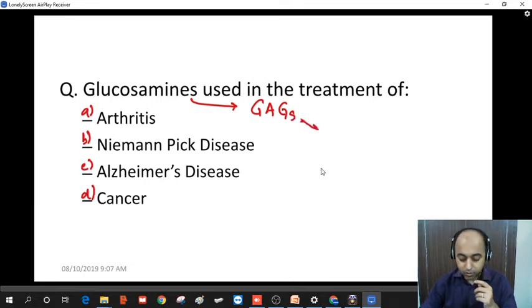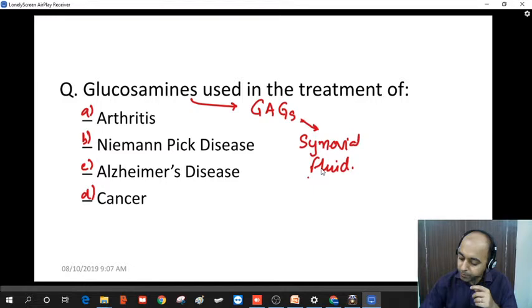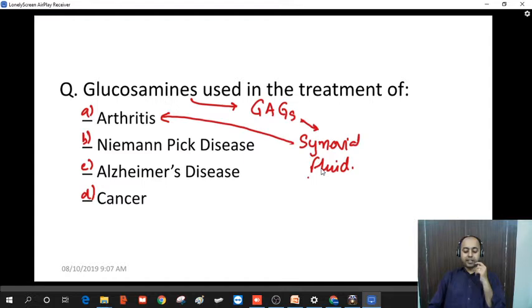The glycosaminoglycans have a very important role in synovial fluid, replace the synovial fluid in arthritis.